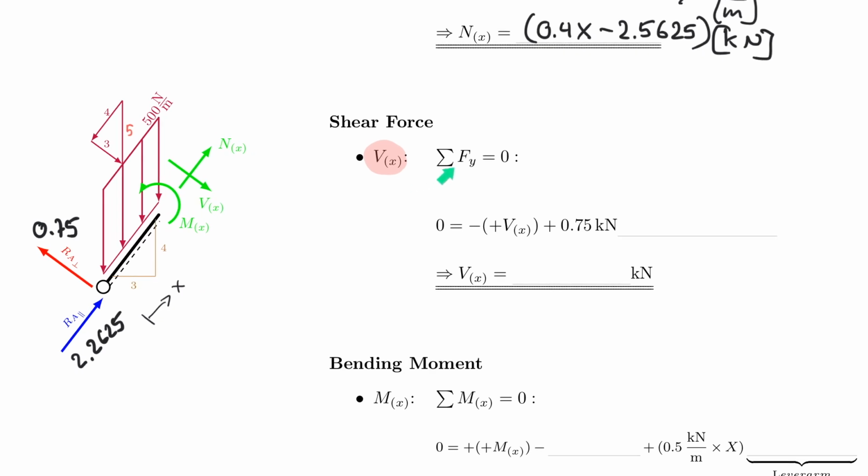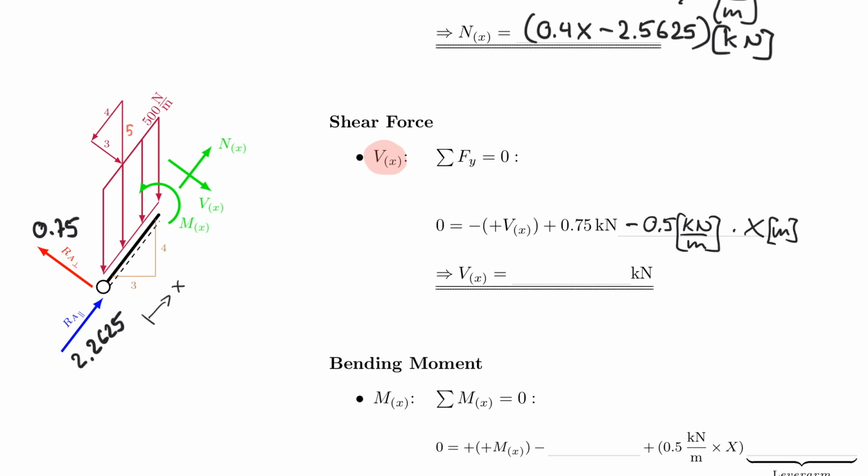Once again, I set my equation: sum of the forces in the y direction equal to 0. Y in this case is y as it is defined by the dashed fiber. So now my shear force is actually going down, which is negative, but positive defined shear force. I have 0.75 going up, so therefore that's positive. But I have this component from the 500 Newton per meter going down. Therefore it is negative 500, or 0.5 kilonewton per meter, multiplied by x meters.